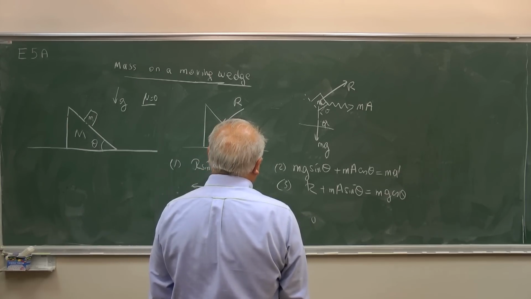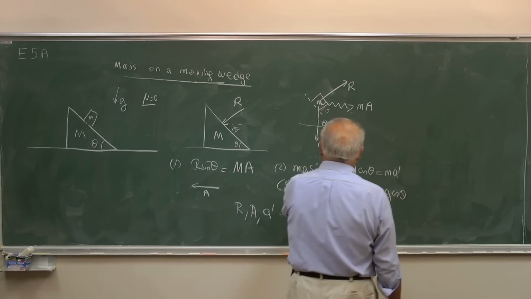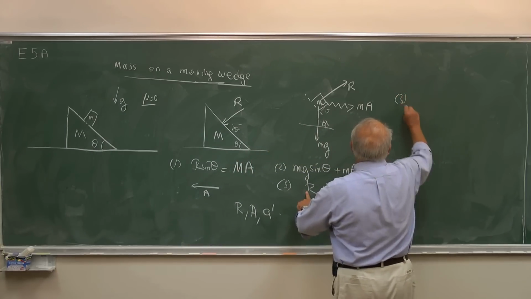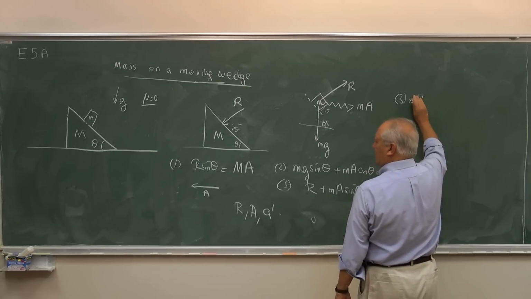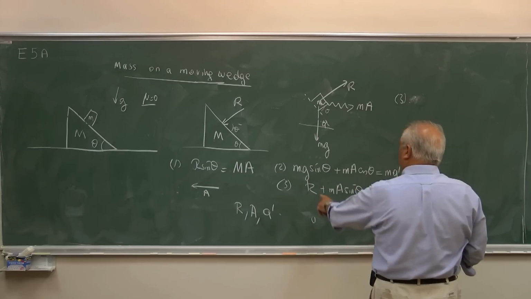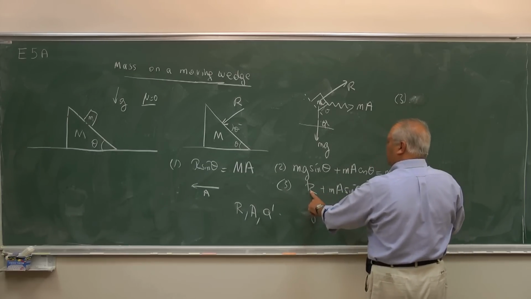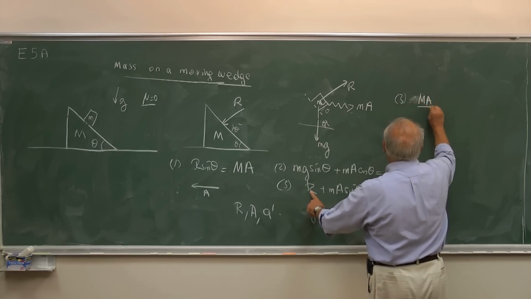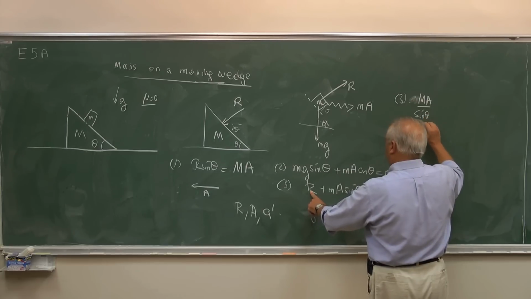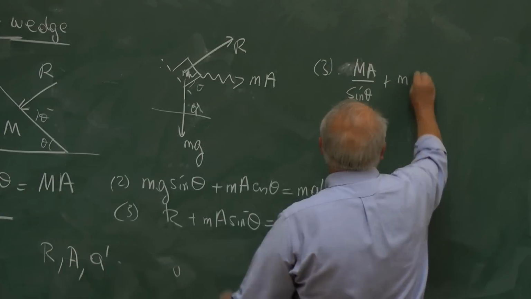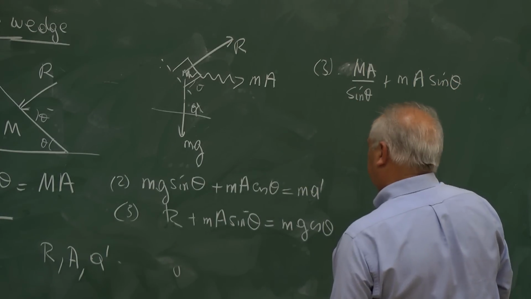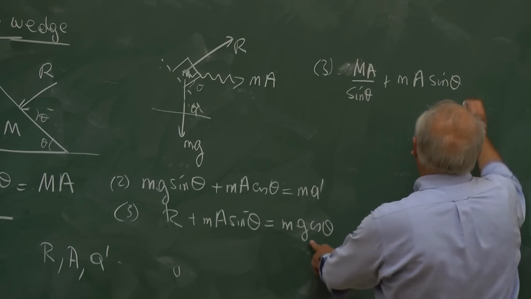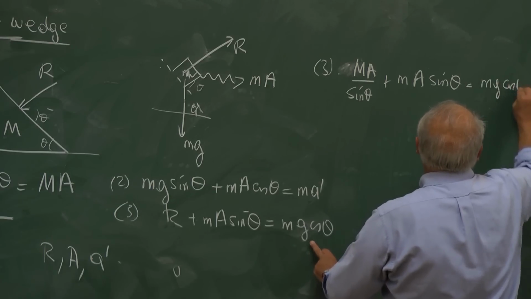So, for example, here, equation 3. I insert for R from 1: MA over sine theta plus MA sine theta is equal to mg cosine theta.